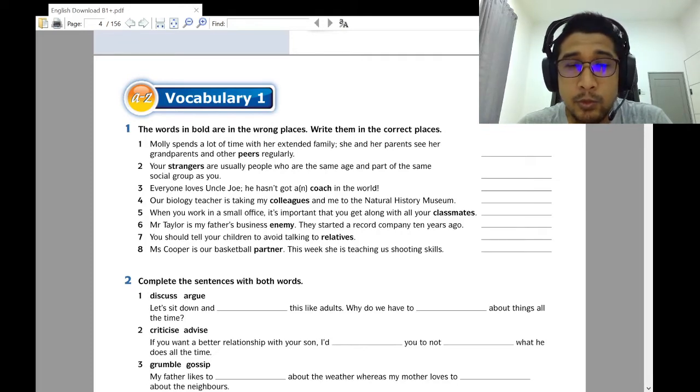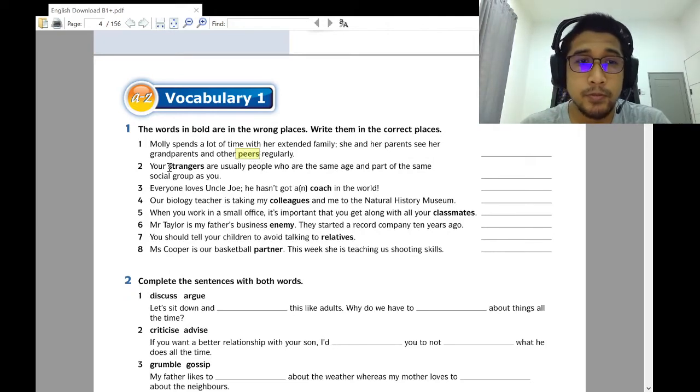So there are a few words here which are in bold, which are peers, rakan sebaya, strangers, orang asing, coach. Of course, you know coach is coach. Colleagues. This might be new to some people. Colleagues is rakan sejawat.